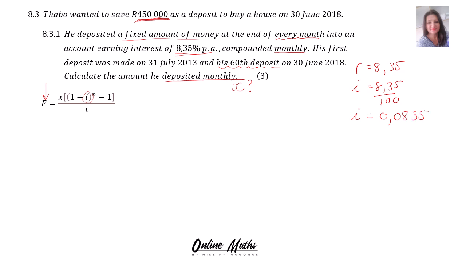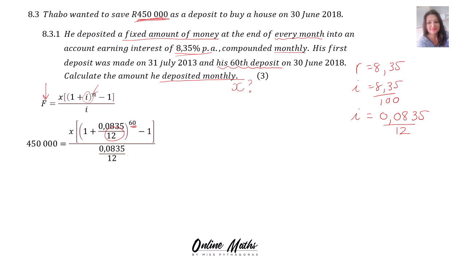That's going to be your I, but you will see that it's monthly, so you have to divide your I by 12. And then N, that is the 60. How many times did he make this deposit? 60 times. And then again at the bottom there, your I.